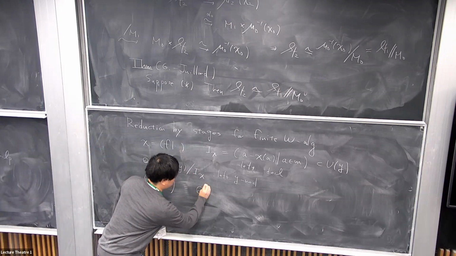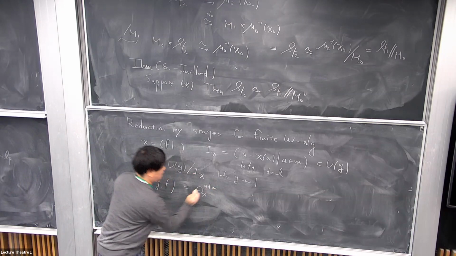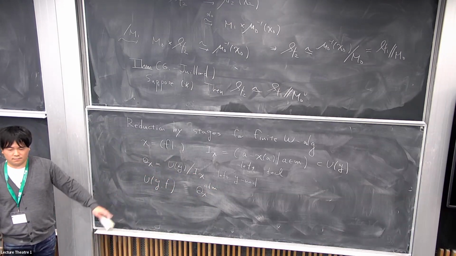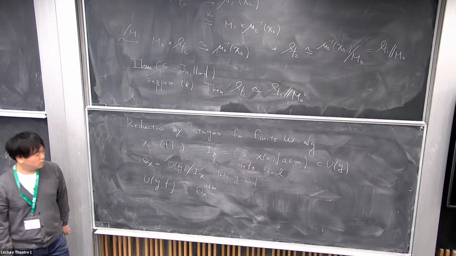Q_chi has an adjoint M action. It makes sense. And then we think about the invariant space of the adjoint M action.